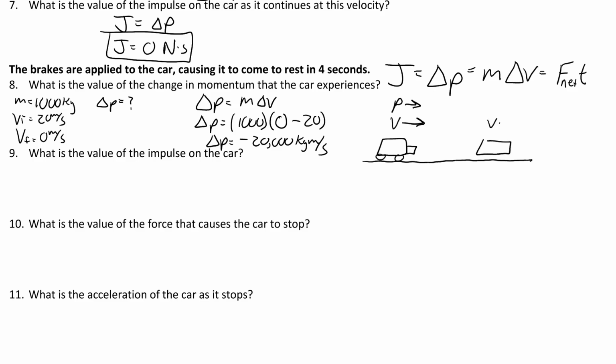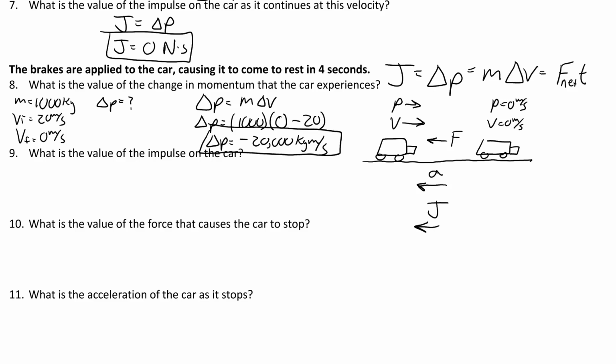Now your velocity is equal to 0 meters per second, so your momentum is equal to 0. There must have been some kind of force acting on it to slow it down, to cause you to accelerate in this direction, meaning that you have an impulse acting against your velocity, slowing you down to a stop. So your momentum is changing in the negative direction.